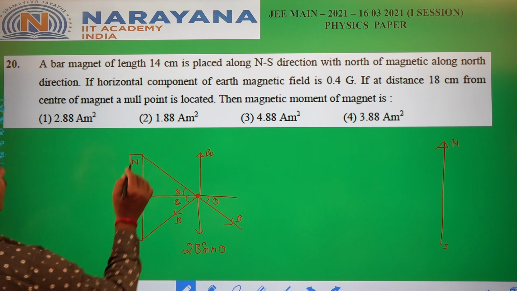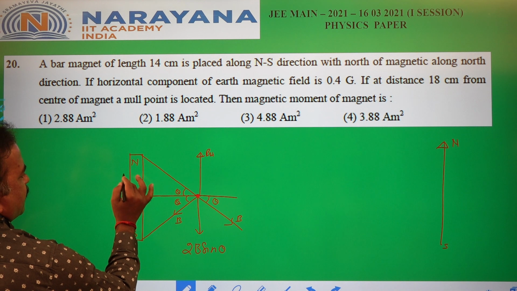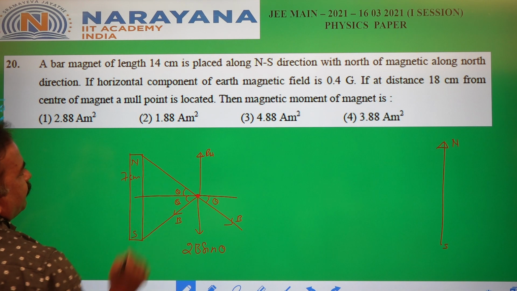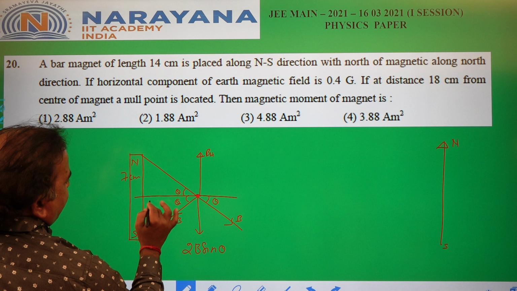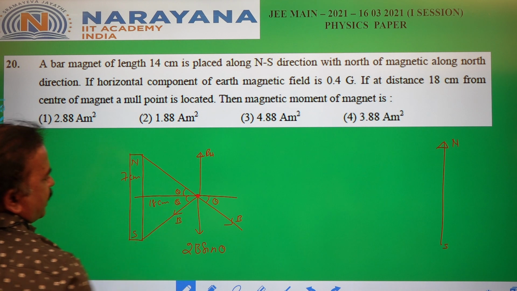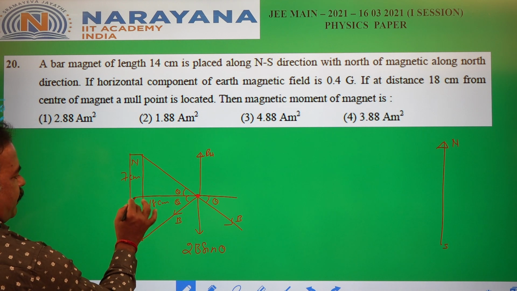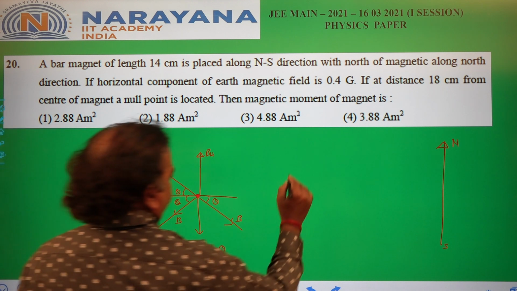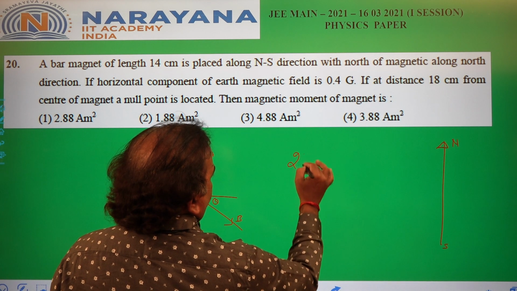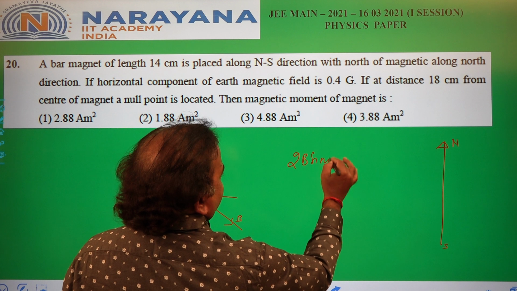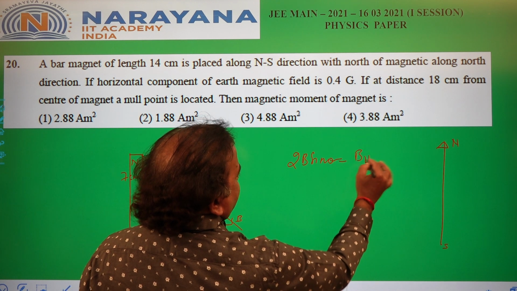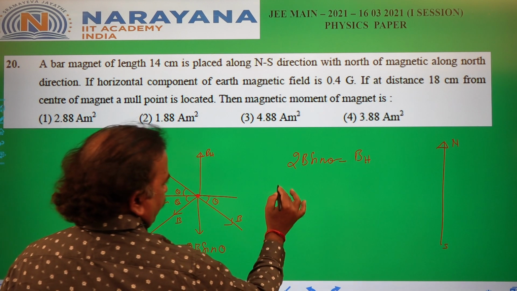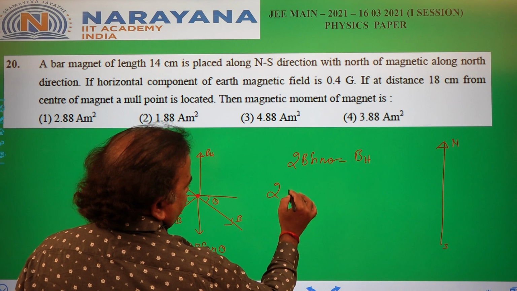He has given the magnet length 14, so this will be 7 cm. At what distance do we require? 18 cm from the center, if I take this as the center of the magnet. So now we will balance 2B sin theta with Earth's horizontal component. 2B is what?